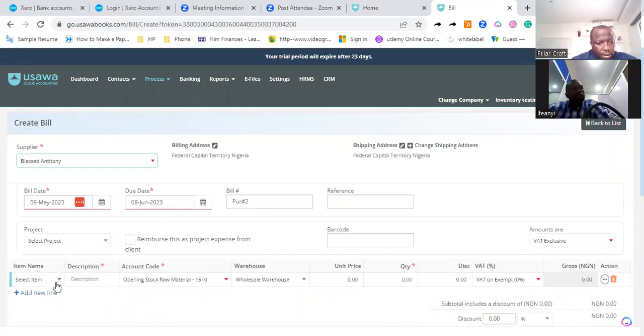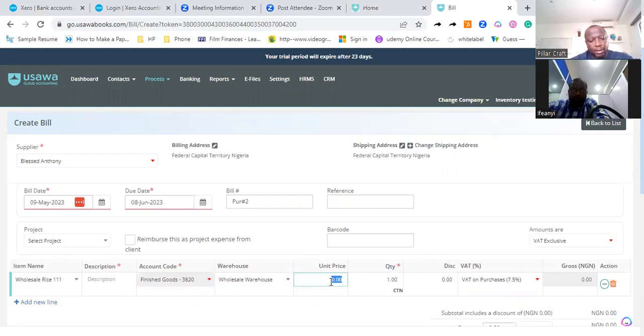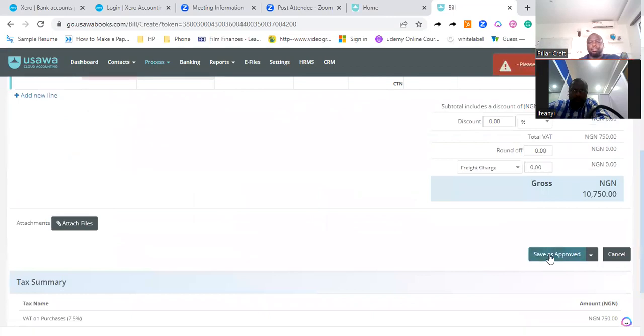Into the wholesale warehouse, and the unit price is, let's say, 20,000, and then you are buying 5.